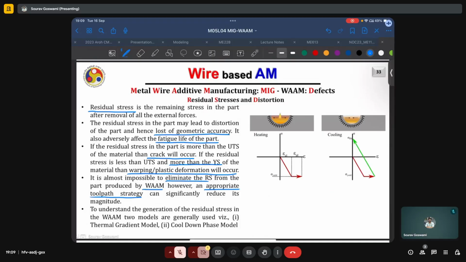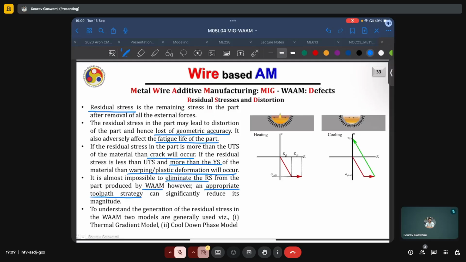And to understand the generation of residual stresses in WAAM, two models are commonly proposed, those being the thermal gradient model and the cool down phase model. Now, I have not studied either of these and I'm not familiar with the WAAM process per se, but from what I can guess, these two models might try to understand the generation of residual stresses in terms of the thermal gradient which some particular layer or region of material will experience because of melting and fusion in its neighborhood.